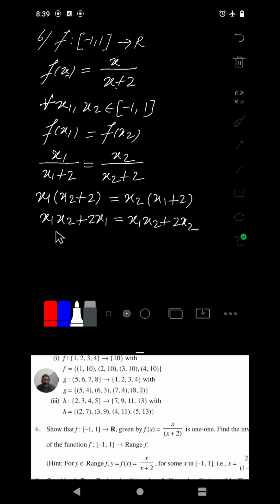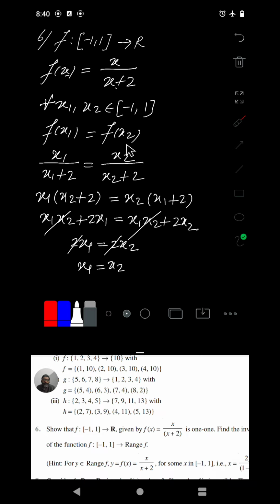From the left hand side and right hand side, x1x2 cancels. We get 2x1 = 2x2, and 2 is cancelled by 2. We get finally x1 = x2.